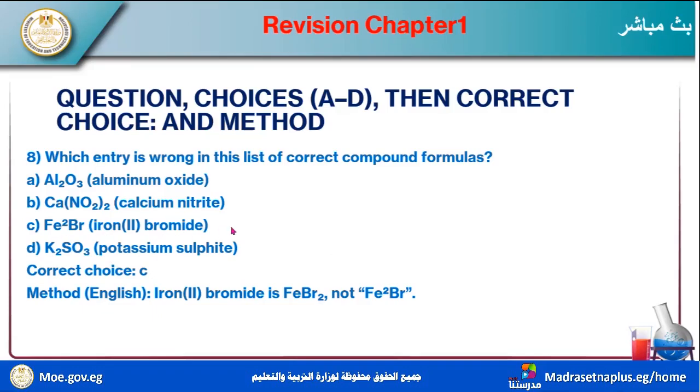This is incorrect formula. So C is the answer. I mean here it is correct for these choices, but these choices are written incorrectly. FeBr2 is correct. Now my choice is C.